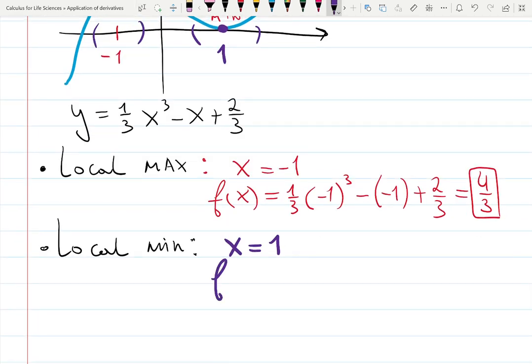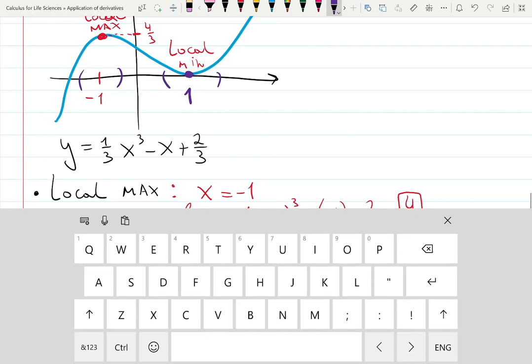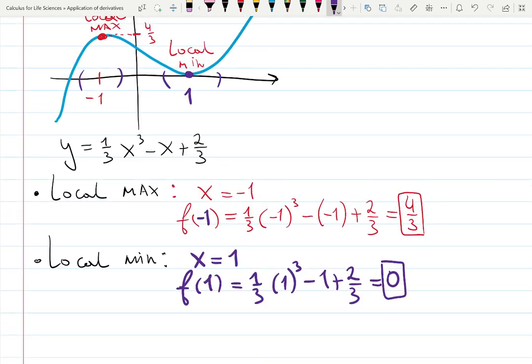Let's find the height. f of 1 is 1/3 times 1 to the third, minus 1 plus 2/3. The height of that local minimum is 0. I'll put it in the box, and you can see it from the graph, it is 0.